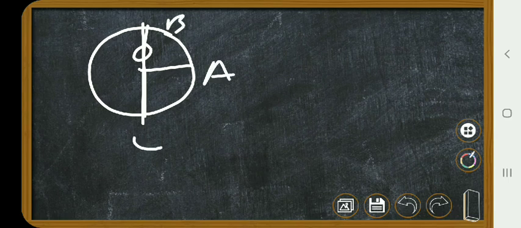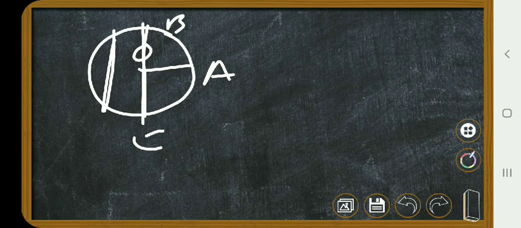And the line which joins any 2 points on the circle through the center is called a diameter. This OA will be the radius, BC will be the diameter, and any line which joins any 2 points on the circle is called a chord.